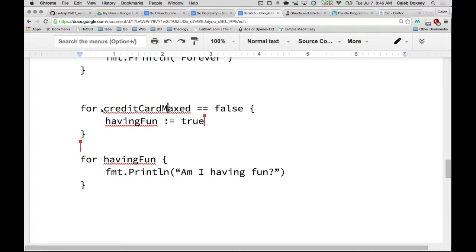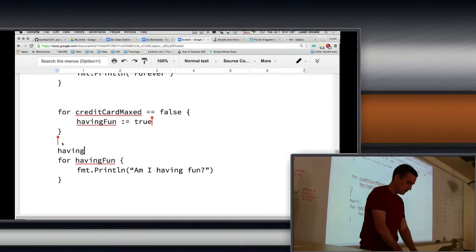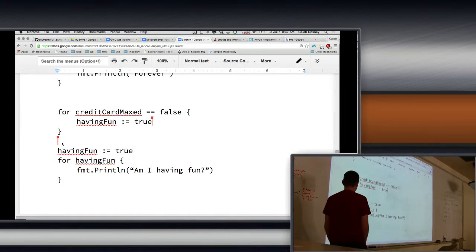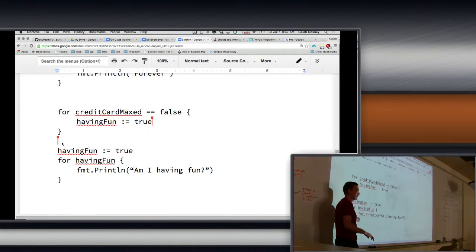This is an interesting example. So this would be the more typical way. You have a variable, having fun, which is a Boolean, and then inside of your loop somewhere you would change it. If you never changed it, this is the same as an infinite loop.